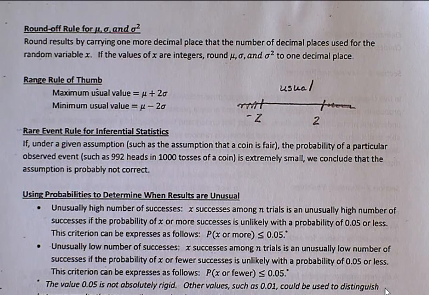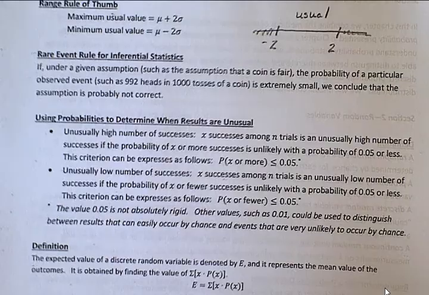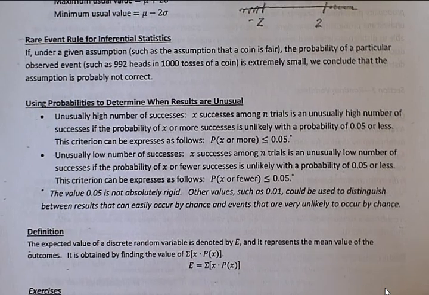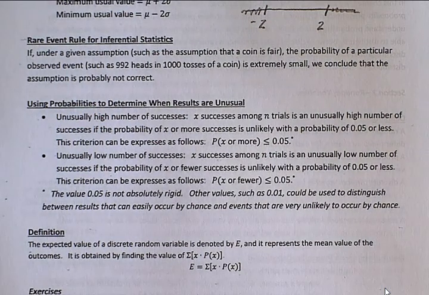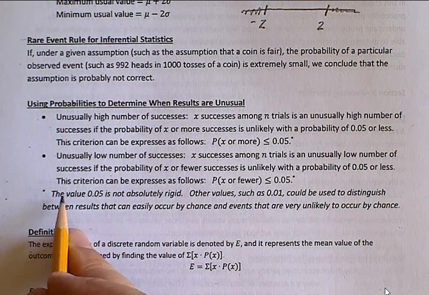Now, this next part, using probabilities to determine when results are unusual. Looking at this part right down here, we tend to use 0.05.